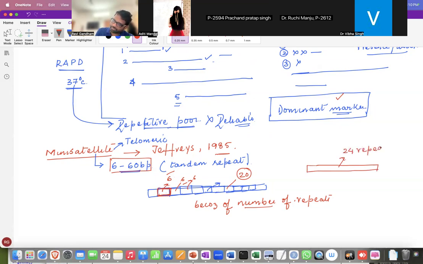Is that clear? Now what happens, just because there is a difference in the repeats, when you run it on the gel, there will be a difference in the segment running through the gel, and you can identify the polymorphism.